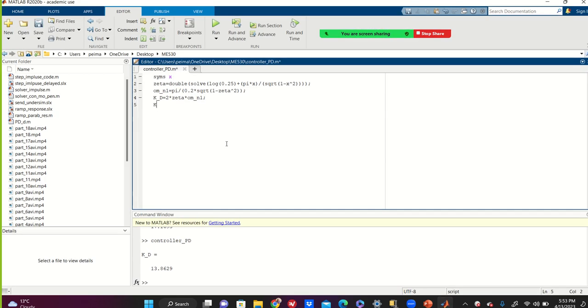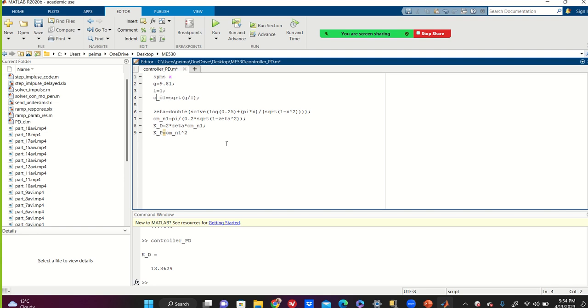So Kp is omega n1 squared minus the old natural frequency squared, but we didn't define the old natural frequency. For the pendulum, omega old is the square root of g over l. I'm writing it like this to teach you generally, remember, for the pendulum. g is 9.81 as in the code, l is 1, okay?